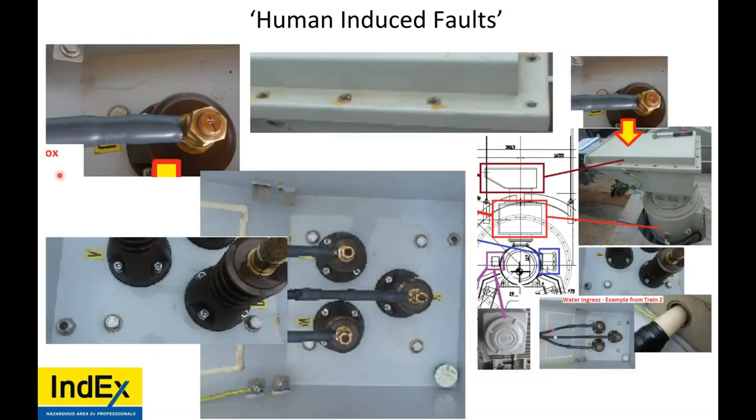So when we talk about human-induced faults, when we measure people's competency, there are incidents which are not taken into account during their training, during their assessment. This is an example of a high voltage terminal box, which had multiple access points of water, not just through these obvious indicating points right here, but this is also in an area where there is 100% humidity.